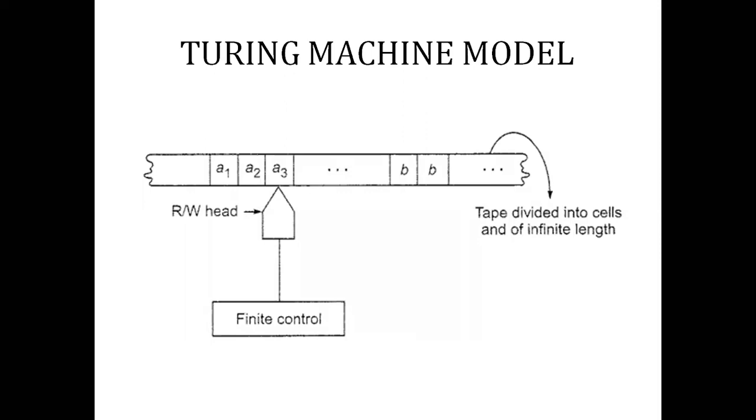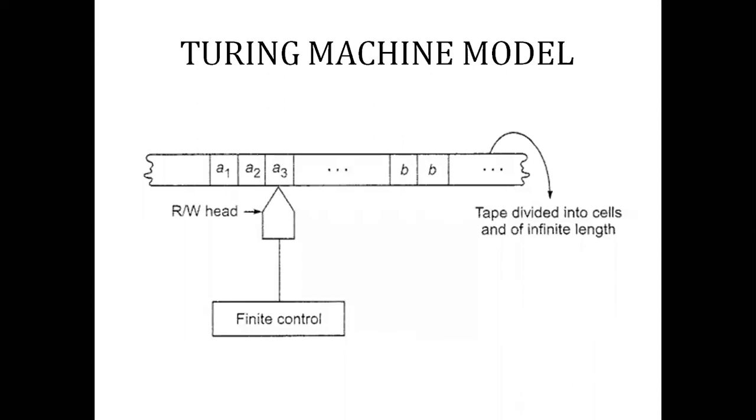Now this Turing machine, in order to model a broader class of languages, definitely has to be more powerful. Okay, so the Turing machine has an input tape again, which is divided into cells.